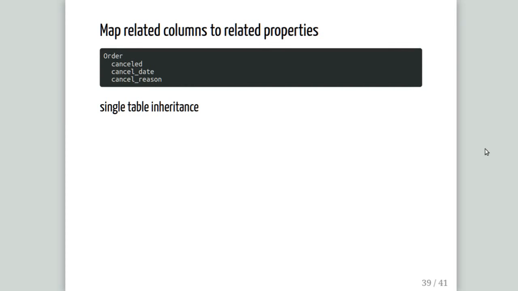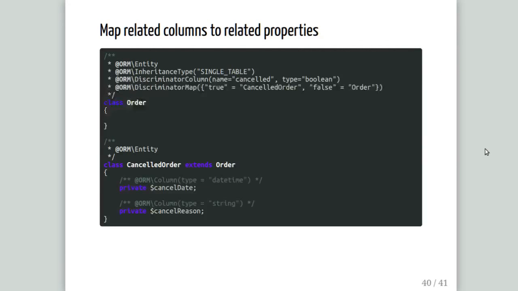When we encounter this, we could also implement it with another feature from Doctrine, which is single table inheritance. It's supported by Doctrine. I have my order mapping however it is, with all the properties that it has, except the cancel date and the cancel reason, which I would extract into another class, cancelled order, which extends from order.